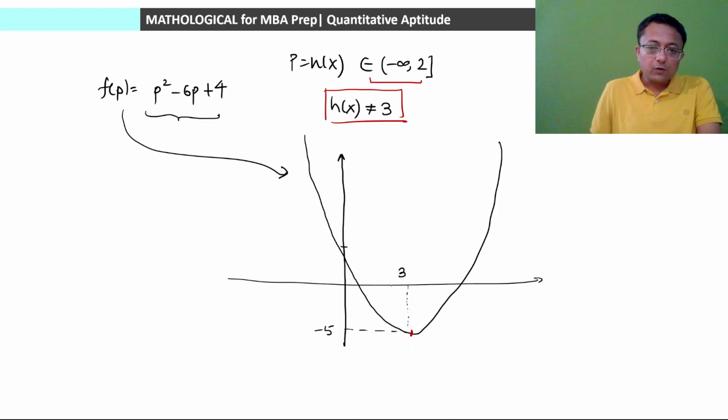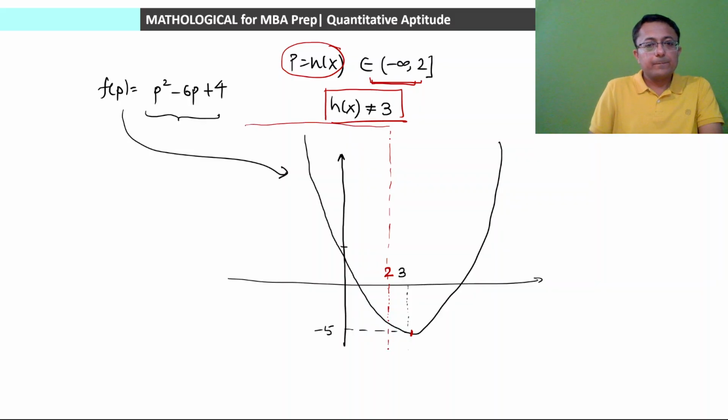So we need to find the value at 2. Since h(x) is always between minus infinity and 2, which is equal to p, our p will range from minus infinity to 2 only. So we will be restricted to this part only.